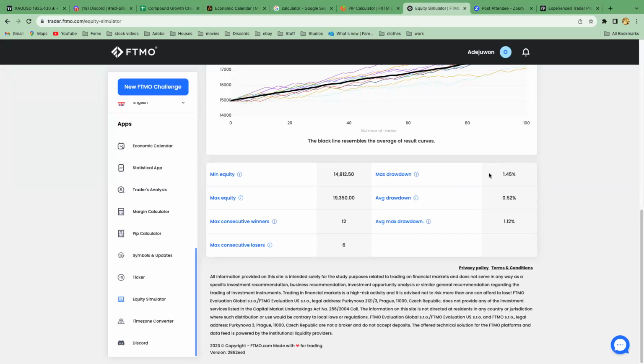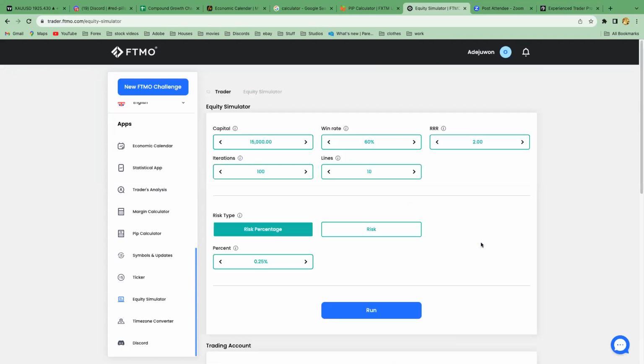And then your average drawdown was 0.5%, which again was nowhere near that, which was absolutely great for you. And then your average max drawdown was 1% pretty much. So again, everything is sticking within the parameters is what I'm trying to tell you. And this is why you need to use this equity simulator, because you need to understand what sticks within your parameters. If you're not doing that, you're already setting yourself up for a losing battle.